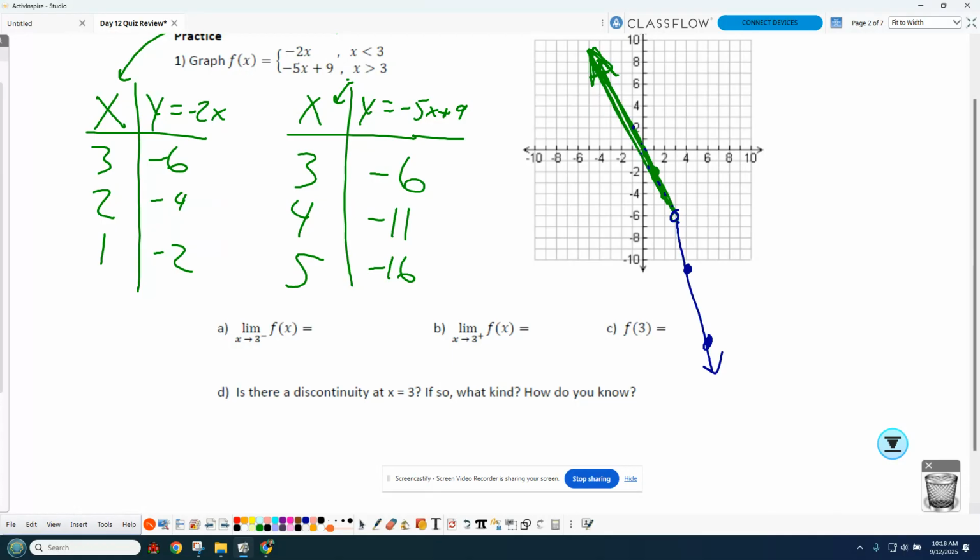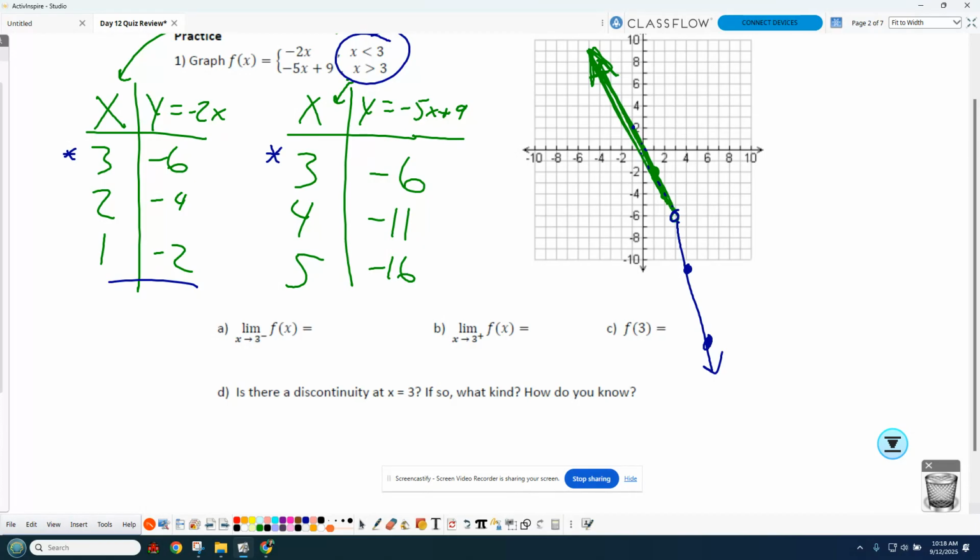No, I understand how to plot it. I'm just confused about the open hole, the closed dot or the open hole. Okay, so right at 3 is where things break. All other numbers are actually defined. So I got the coordinate 1, negative 2, I'm going to color it in. It was allowed to be there. The ones that don't have the equal sign, why do I put that in my table anyway?